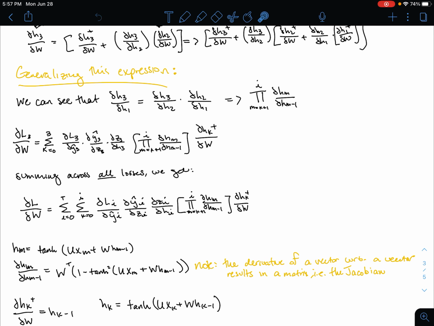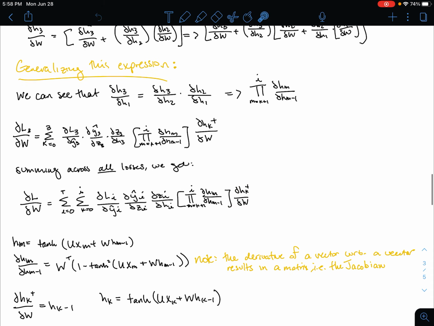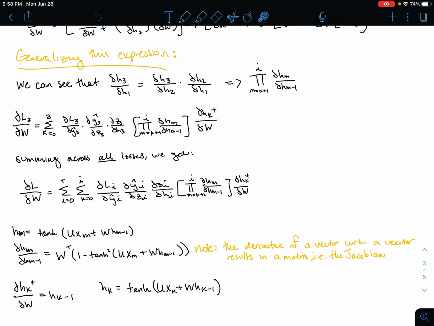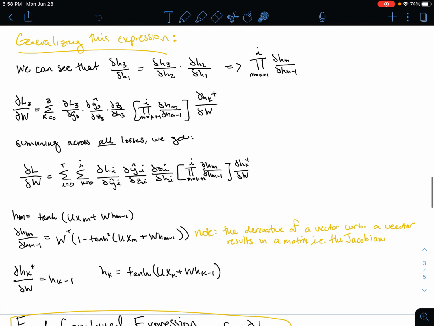And then I also want to more simply define this explicit derivative here. So if we take that hidden state function, that's tanh of this stuff right here inside, we can see that we get the derivative being this weight matrix multiplied by the derivative of the hidden state.